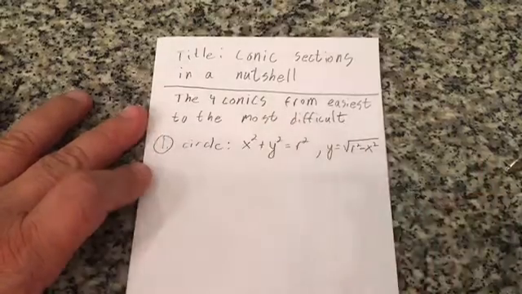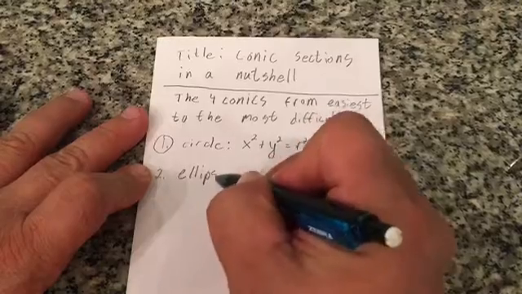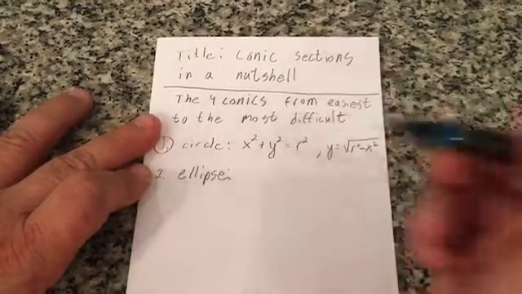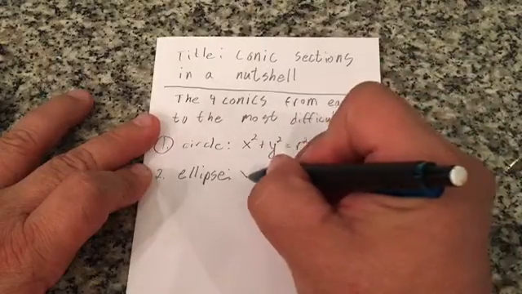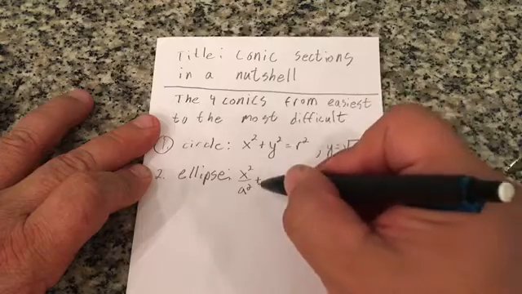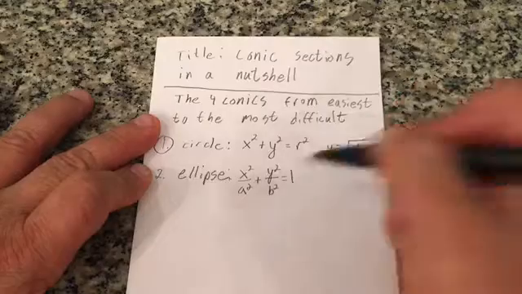The second conic section would be an ellipse. It's basically the same equation for both types of ellipses. It just looks a little different. So x squared over a squared plus, that's important, y squared over b squared equals 1.